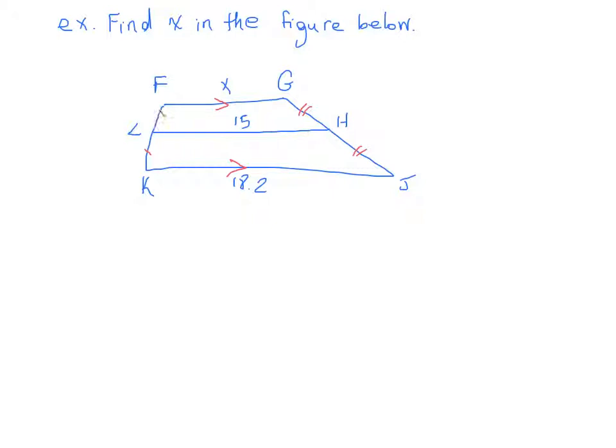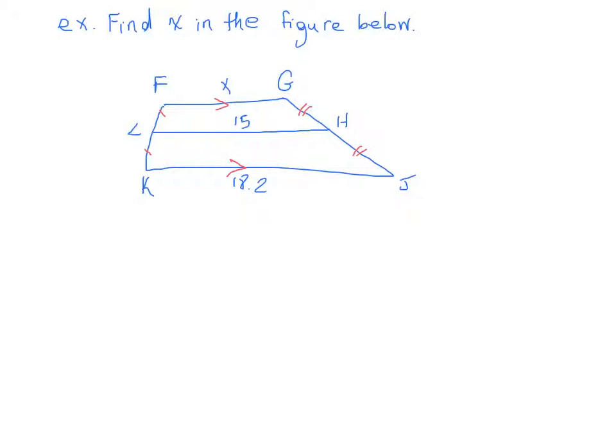Since we have these markers, it tells us that FL is congruent to LK, and that GH is congruent to HJ, which means that this line is being cut in half, and this line is being cut in half, and these are in fact midpoints, which means that this line segment here is a mid-segment. All right, great.